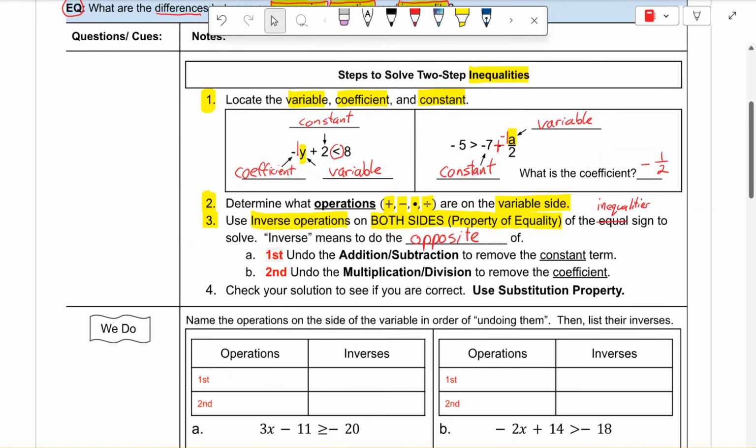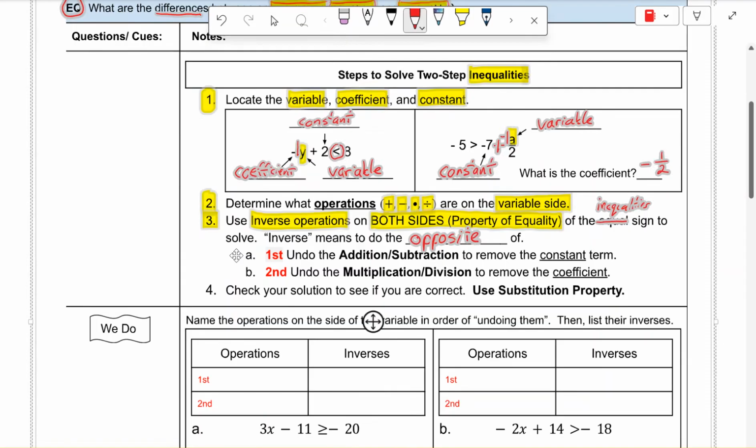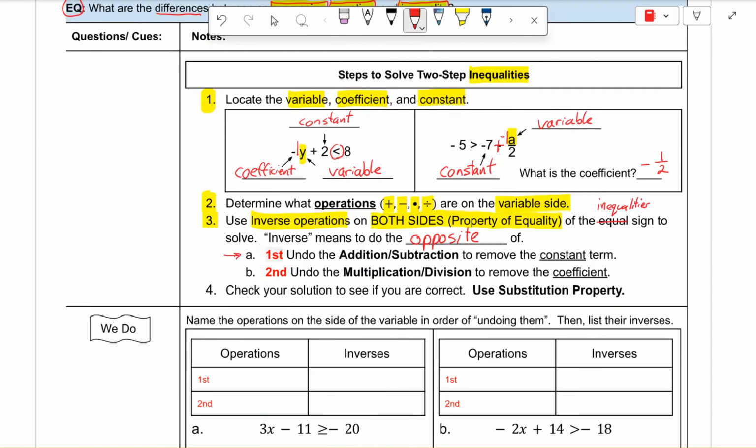Okay, and when you're doing the inverse operations, there are steps to it. There is a first step right here. Undo addition subtraction to remove the constant. Deal with the constant first. Then, after you've taken care of the constant, you move on to B, which is the second thing to undo. You undo multiplication division to remove the coefficient.